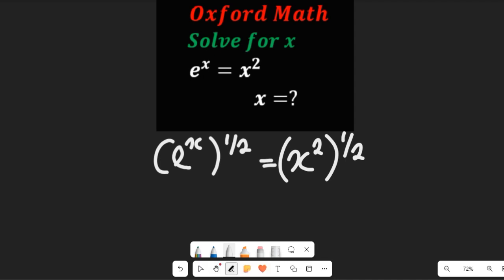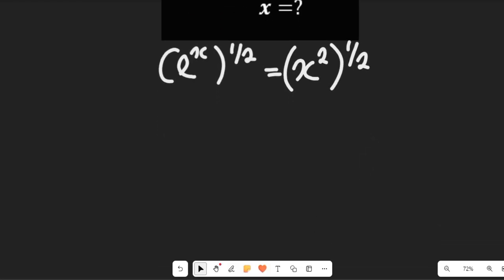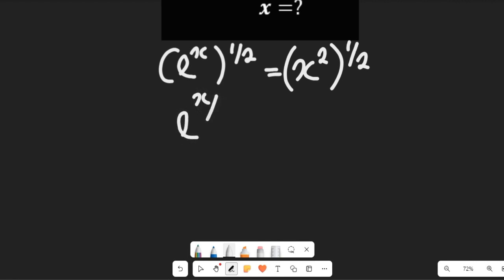Now according to the law of indices, the exponents will have to multiply. You recall that law of indices. We are going to have x to the power of x divided by 2, and that will be equal to x to the power of 2 multiplied by 1 divided by 2.